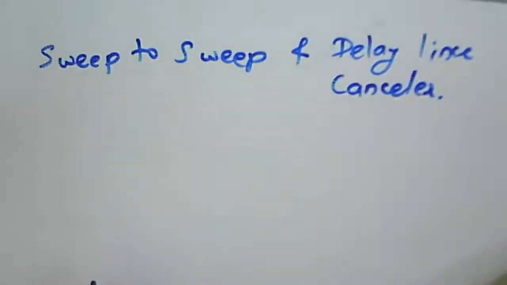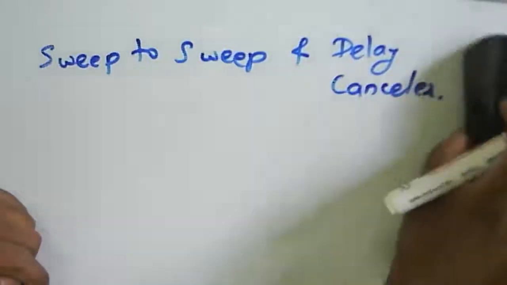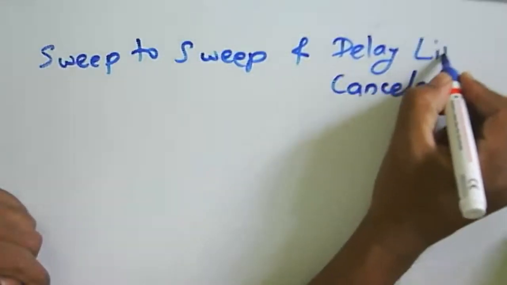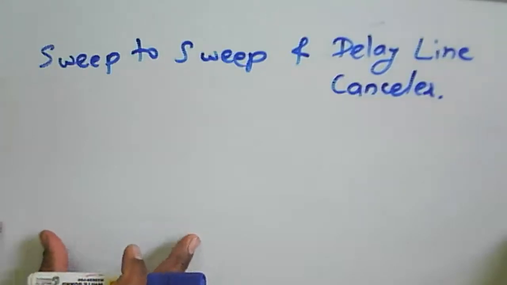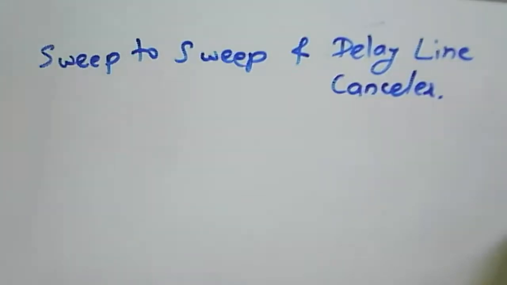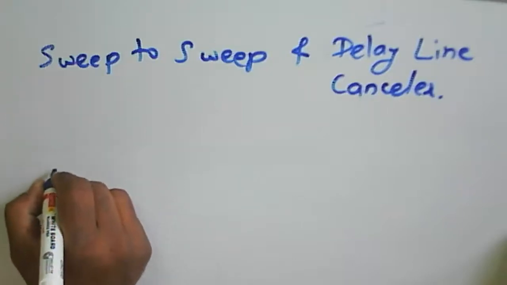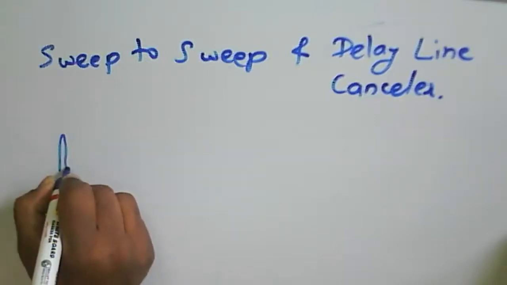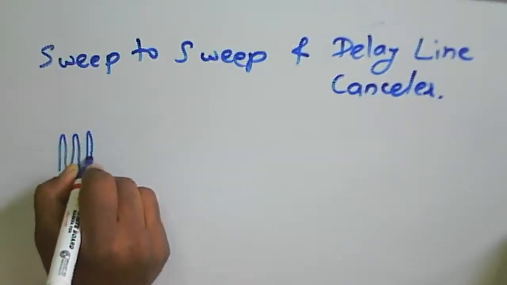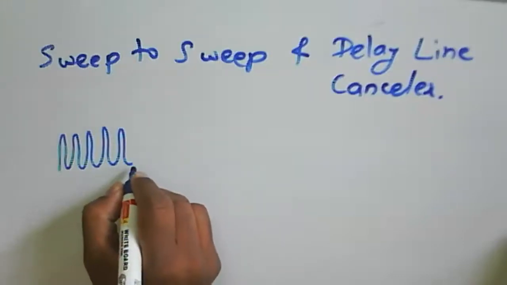Now this one is about a delay line. In this case, what happens? We consider whatever echo pulses we have. We are getting a train of echo pulses. So this one is about a train of echo pulses.